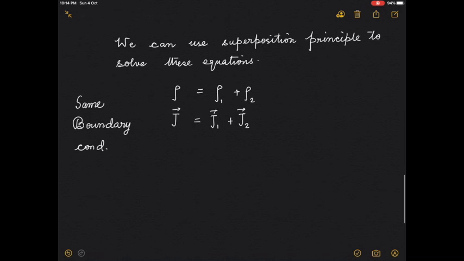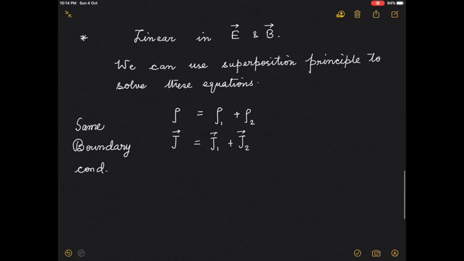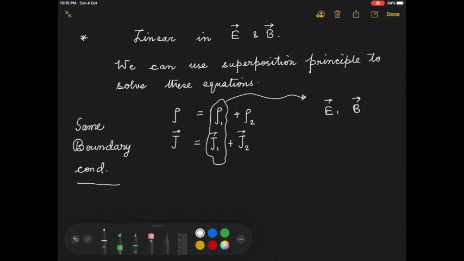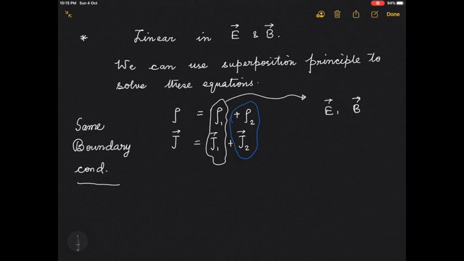Okay. When I write that, I take rho 1 and J1, put them in the Maxwell's equations with the boundary condition that I have, and I get solutions which are E1, B1. And then I put in my Maxwell's equations rho 2 and J2 with the same boundary conditions, and I get solutions E2 and B2.